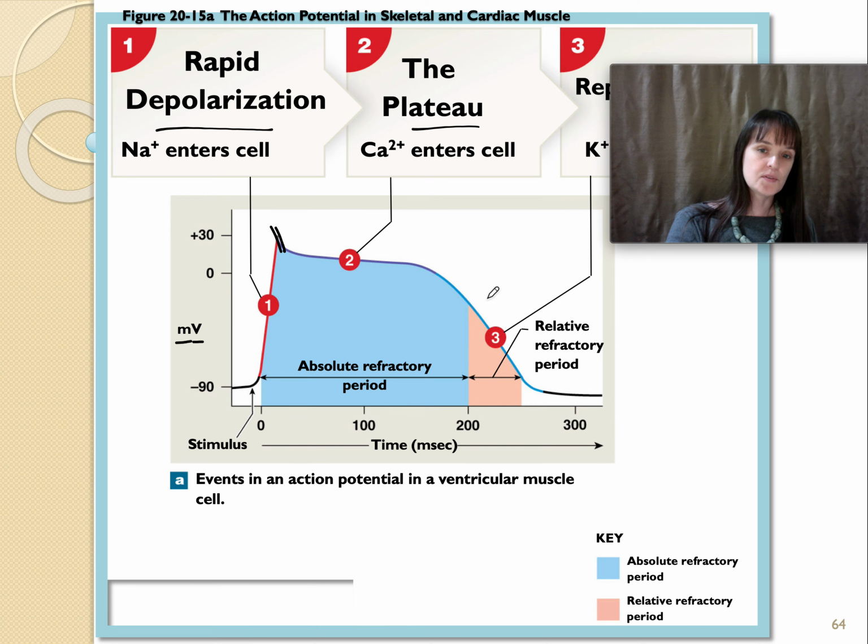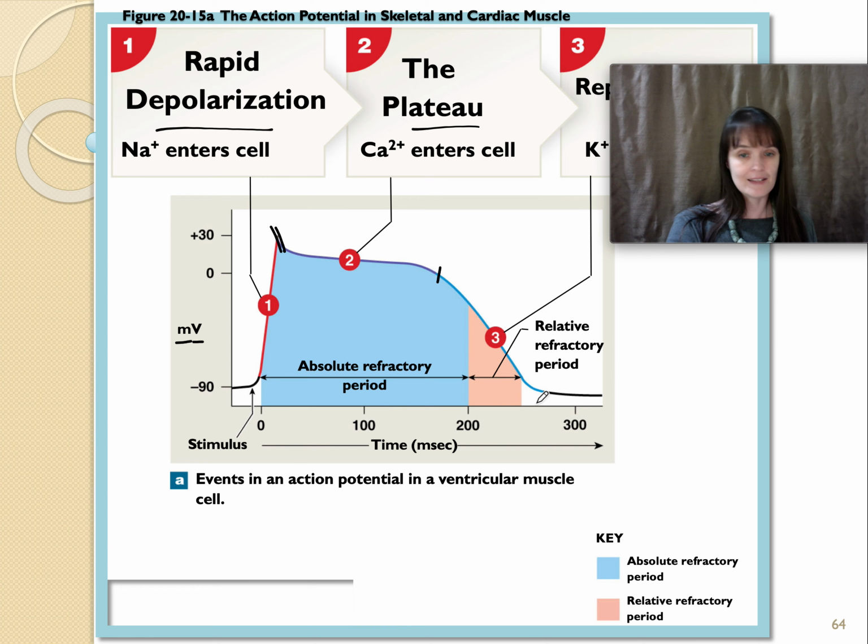And then number 3, you have repolarization, where you close the slow calcium channels, so you stop the calcium entering, and you open the slow potassium channels. So now you have positive ions exiting the cell, and so it gets repolarized back to resting.